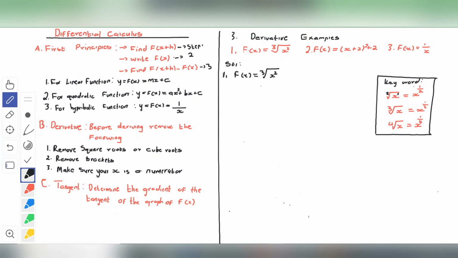For the fourth root, we write x to the power of 1 over 4, since the exponent under the root is 1 and the root number is 4, right?